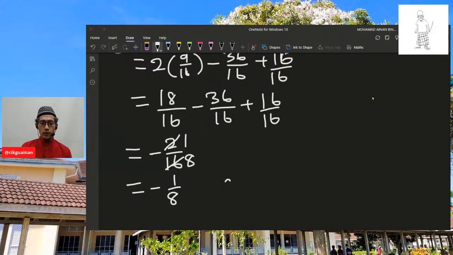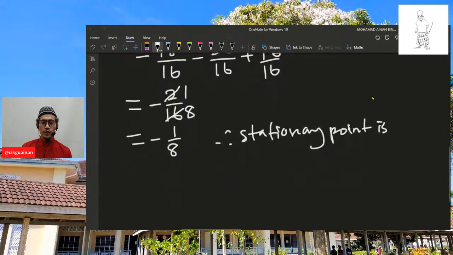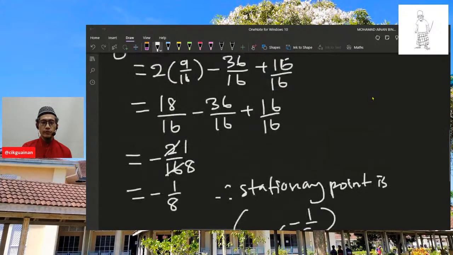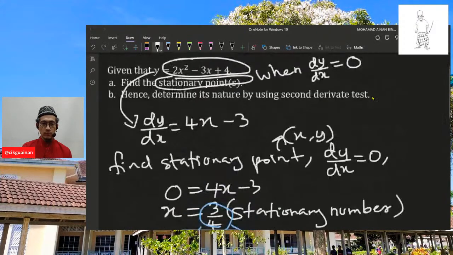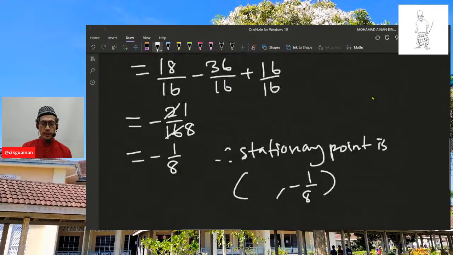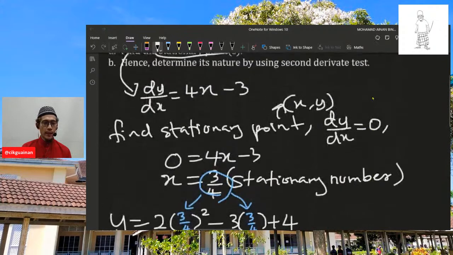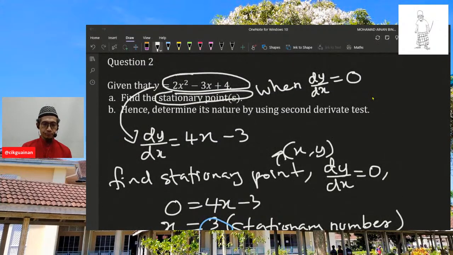Therefore the stationary point is, it doesn't fit, I'll do it over here. Minus 1/8, and don't forget the x value: 3/4. Done the first part, the stationary point. Only 1 point in this case.